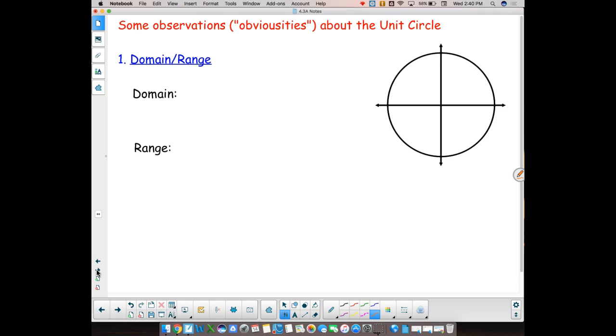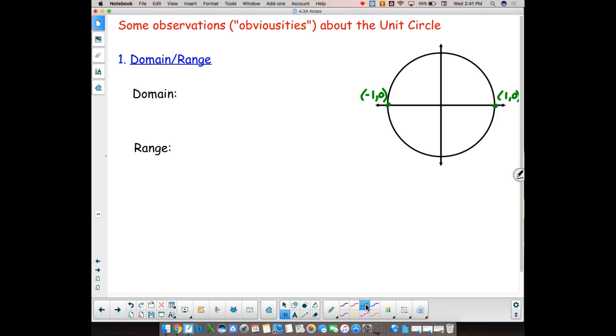For instance, the first one is, let's talk domain and range of our unit circle. Okay? So our unit circle goes to the right all the way out to the point 1, 0. It goes all the way to the left to the point negative 1, 0.